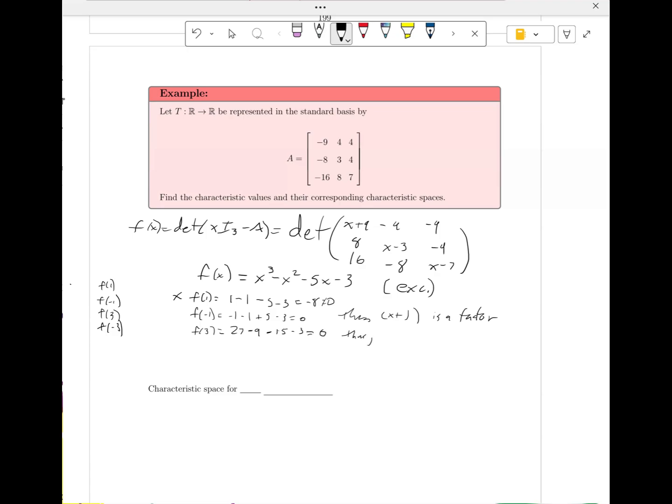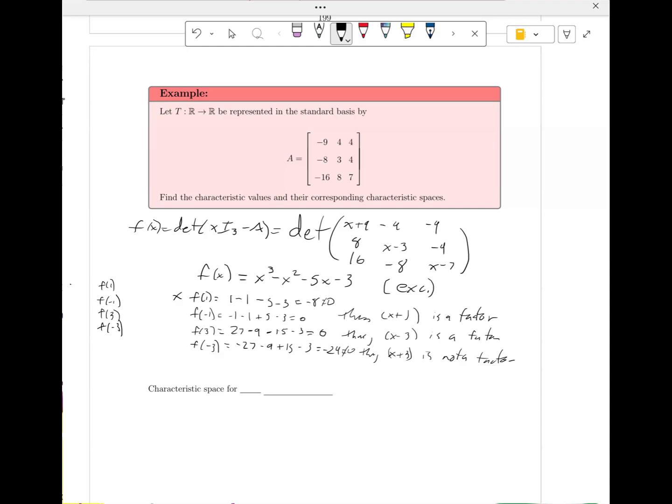Thus, x minus 3 is a factor. And if I apply minus 3, I get minus 27 minus 9 plus 15 minus 3, which equals minus 24, which does not equal 0. Thus, x plus 3 is not a factor.